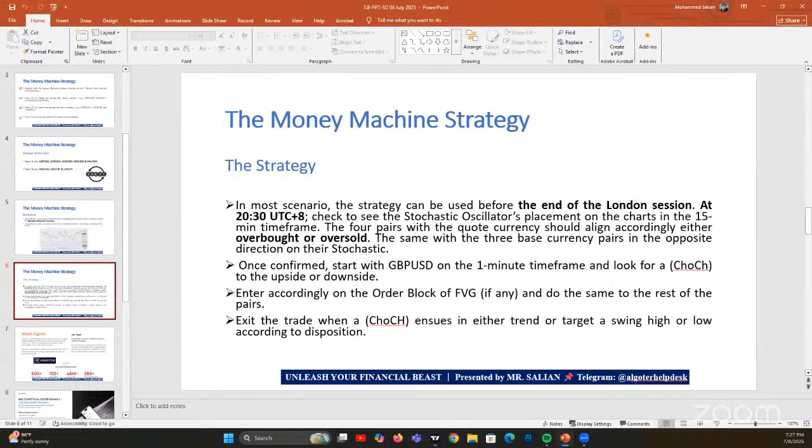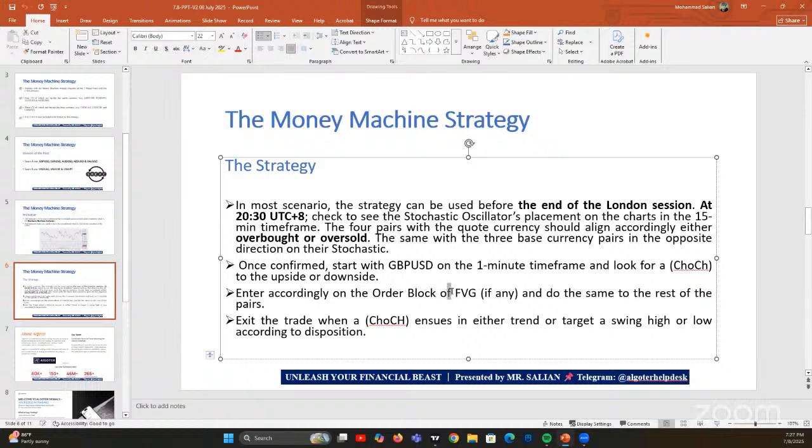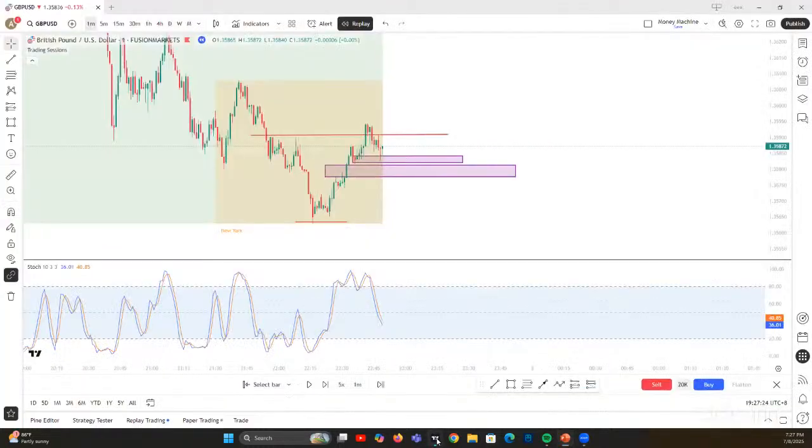Enter accordingly on the order block or FVG, if any, and do the same to the rest of the pairs. So this is just an example on the GBP USD pair. Now do the same on Euro USD, so you can enter exactly where the price will never go down and trigger your stop loss.